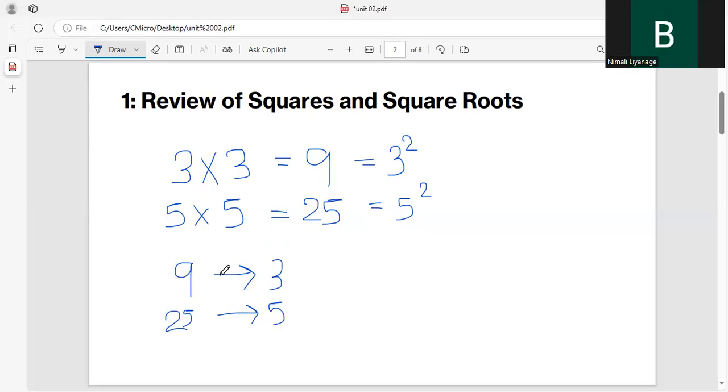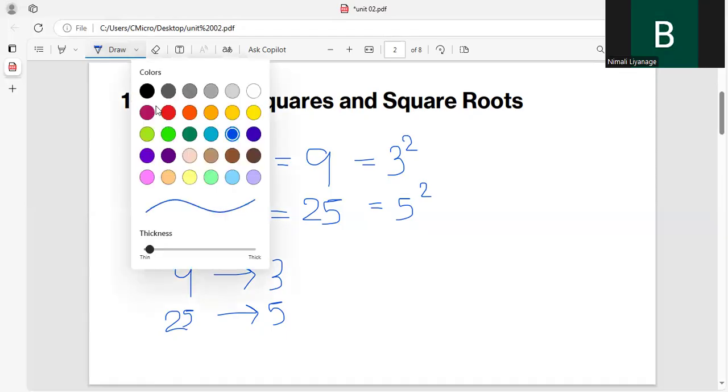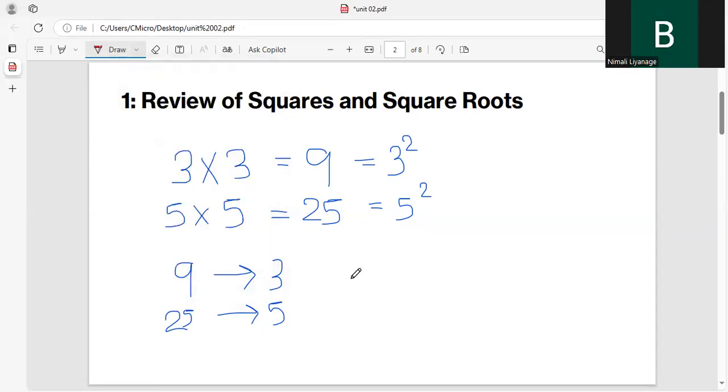Okay. So how do we use the square root as a symbol? We know we use this symbol, or this symbol. You can use whichever symbol you like. It's a basic structure, it's like this.